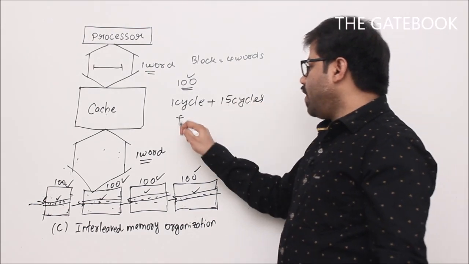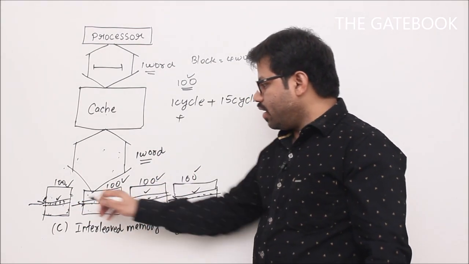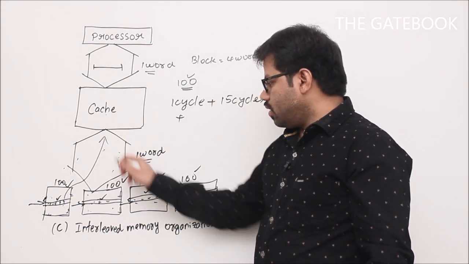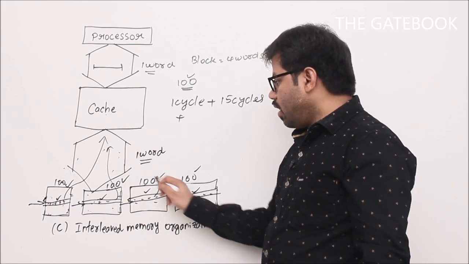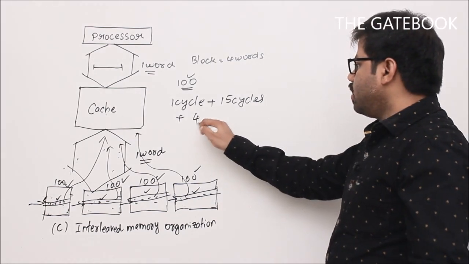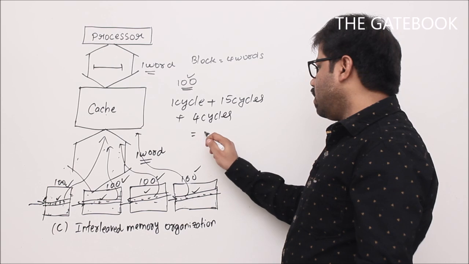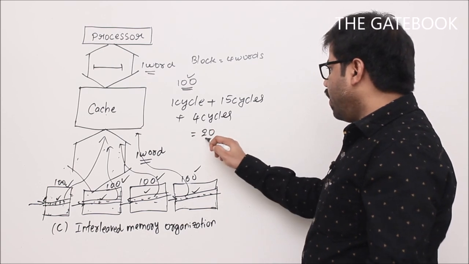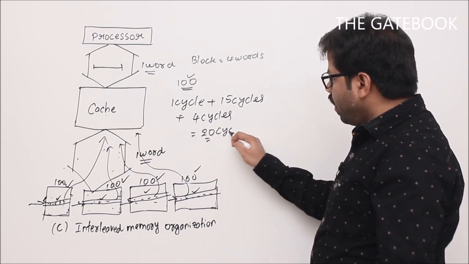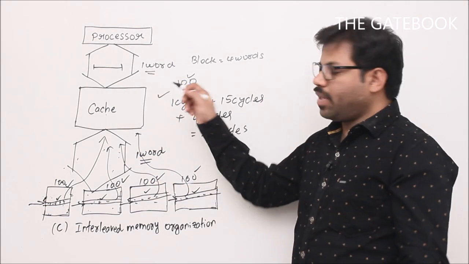Then since we have only one bus, one by one, now data is ready, we have to take it. We take this data first, then this data, then this data, one by one, sequentially, so 4 cycles are required. So finally 15 plus 1 is 16, 16 plus 4 is 20. 20 cycles are required to get the data from this organization. Is it not better than the previous two?